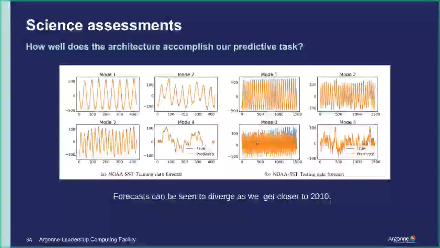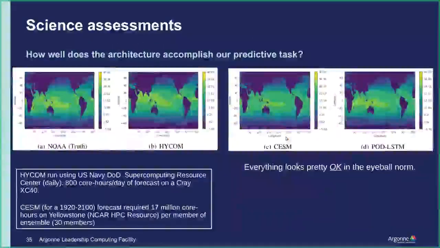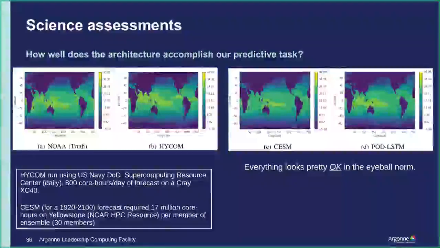That's been a thorn in our side for quite a few studies. For this particular case, we've sidestepped the issue for now. Okay, and how does it work? So we took these predicted POD coefficients and we reconstructed the sea surface temperature.